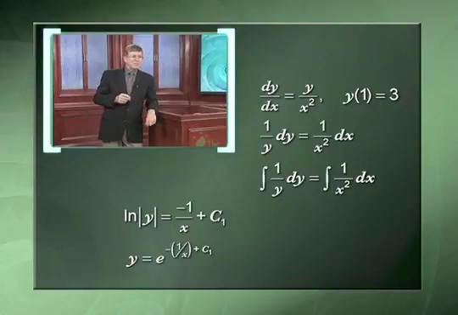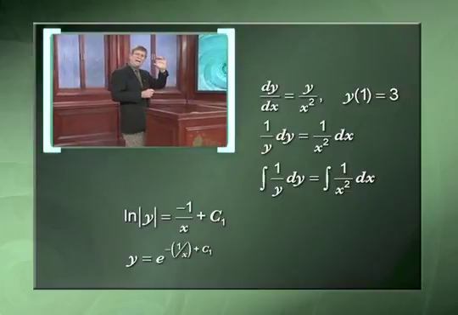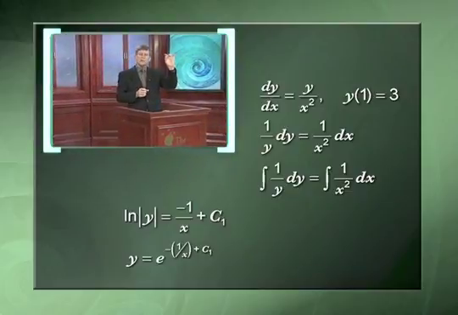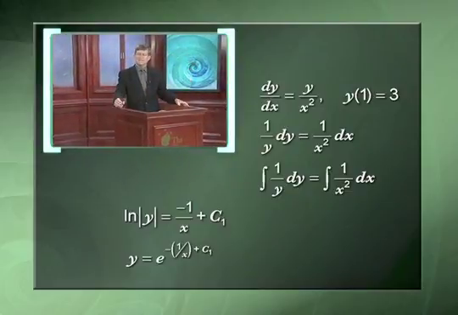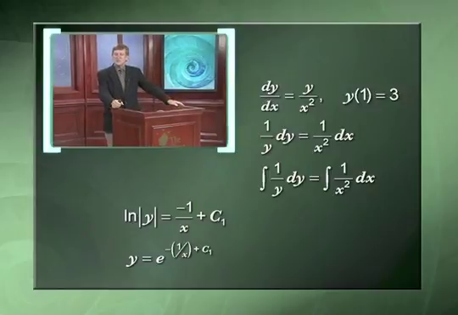So it's e to the power minus 1 over x plus c1. That's a big fat exponent. The exponent is minus 1 over x plus c1. And now I've got y all by itself, so that's a solution.